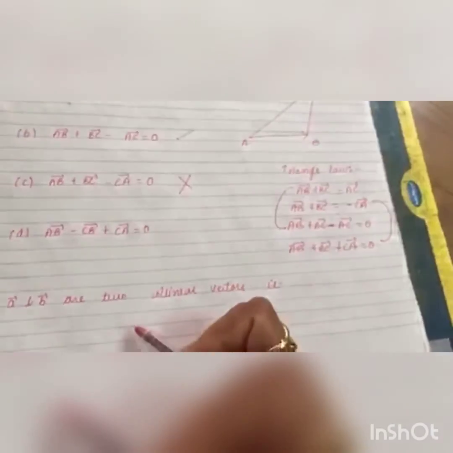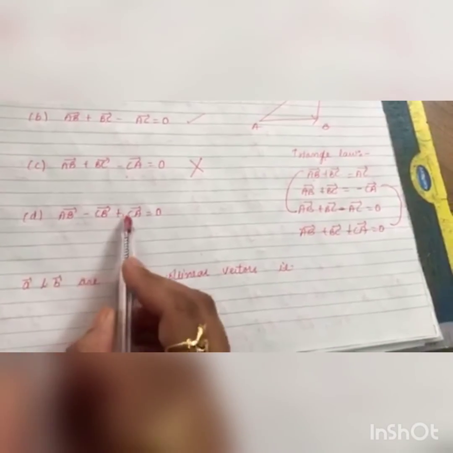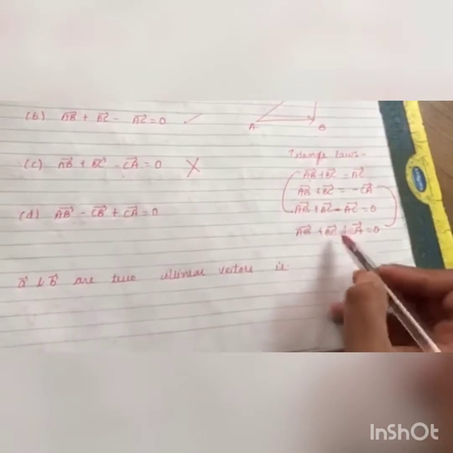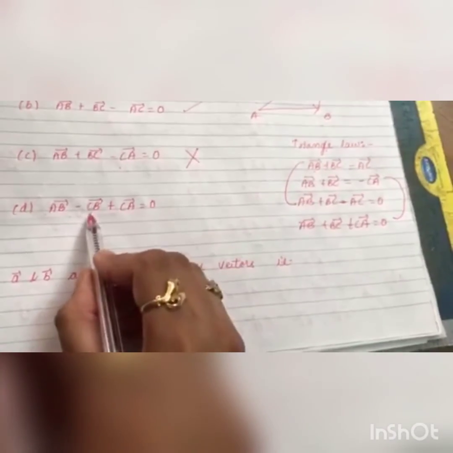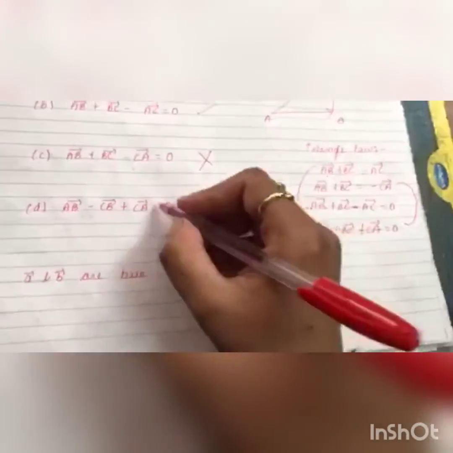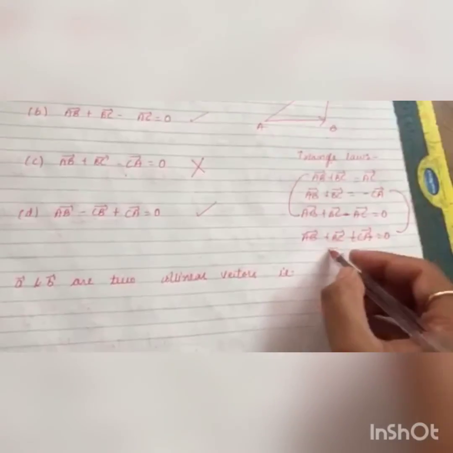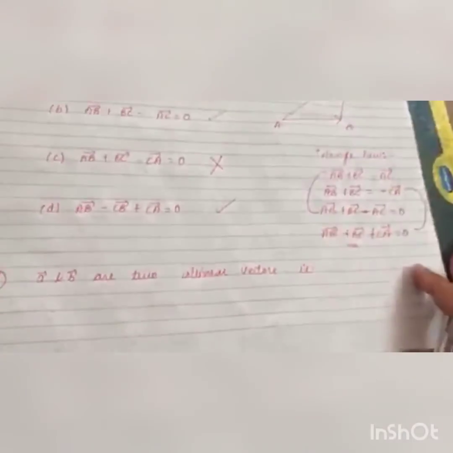That means this is not true. But still, to clear your doubt, look at this D part. We need CA at the left side, so CA at left side, sign is positive, and this is CB. If we replace BC with CB, a negative sign will come. That means this is also the equivalent condition. So these are all true except the C option.